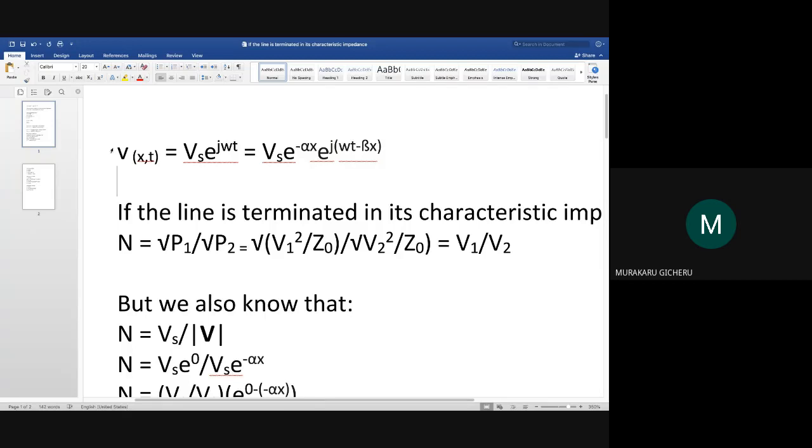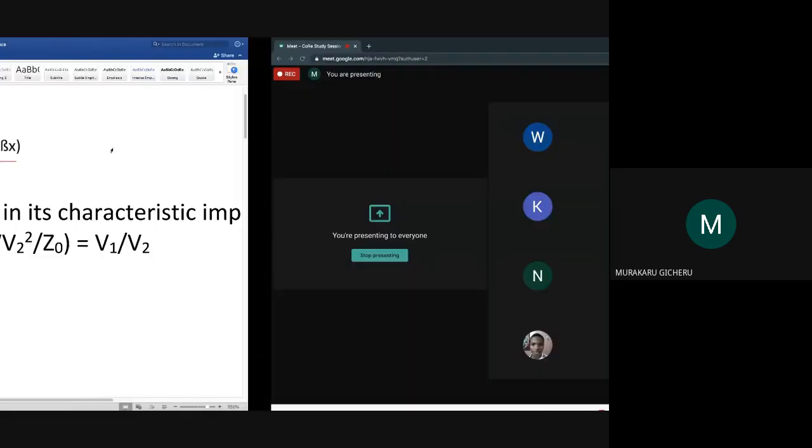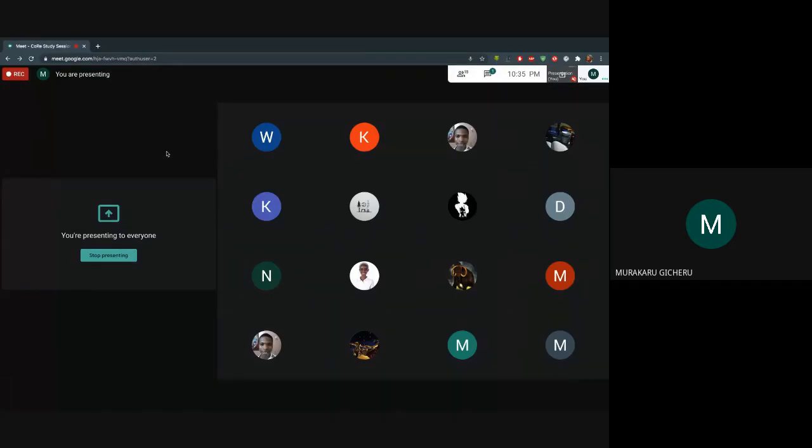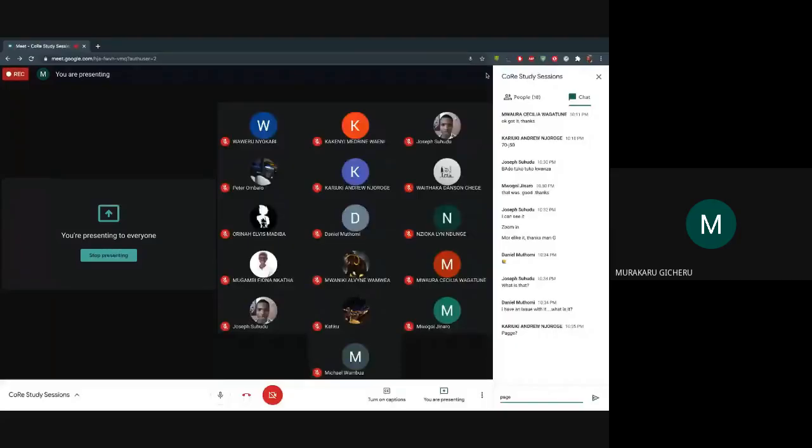So okay, I will just walk you through everything. Let me try. Do you all have the diagram on the equivalent circuit of a transmission line? The people who have page 66.